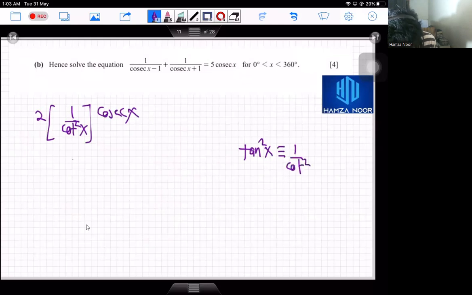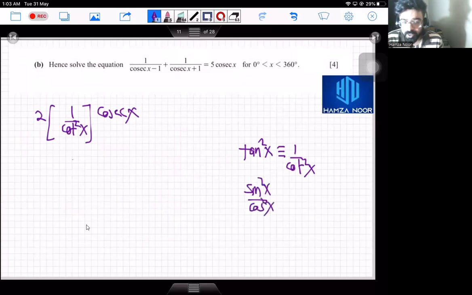But I can also write sine square x over cos square x. So instead of tan square x, I will write sine square x over cos square x. So 2 multiplied by sine square x over cos square x, and then multiplied by cosec x, which means 1 over sine x.